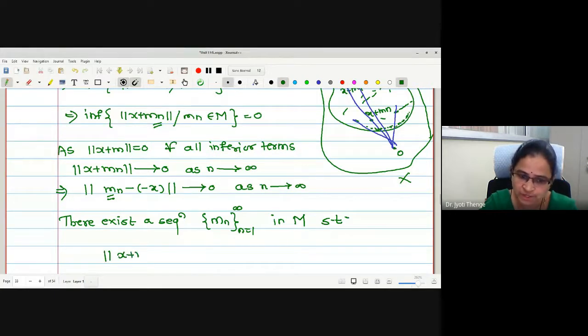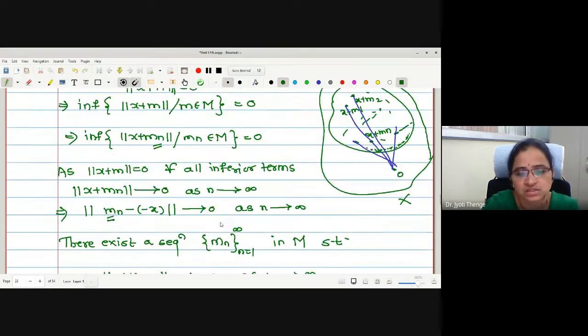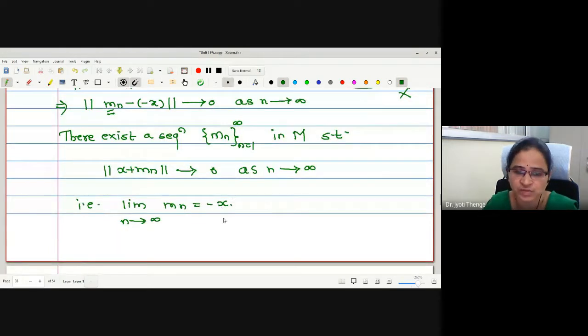Norm of x plus mn tends to 0 as n tends to infinity. That is, can I write limit n tends to infinity, mn is equal to minus x. But what does this x give me then? May I say x is the limit point of the set m?